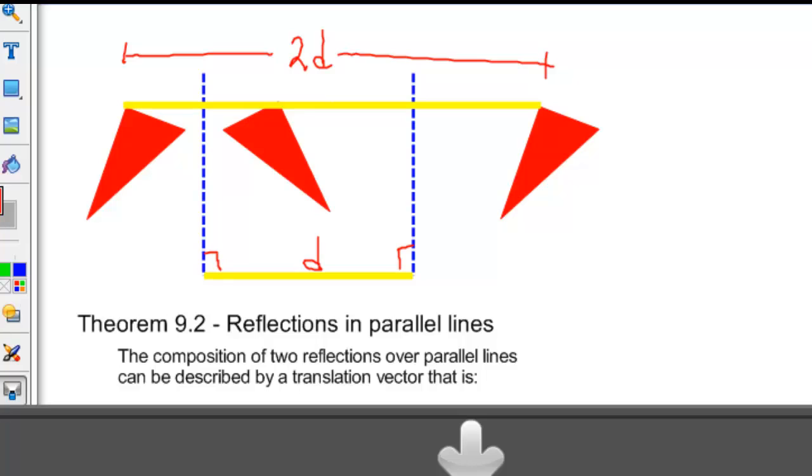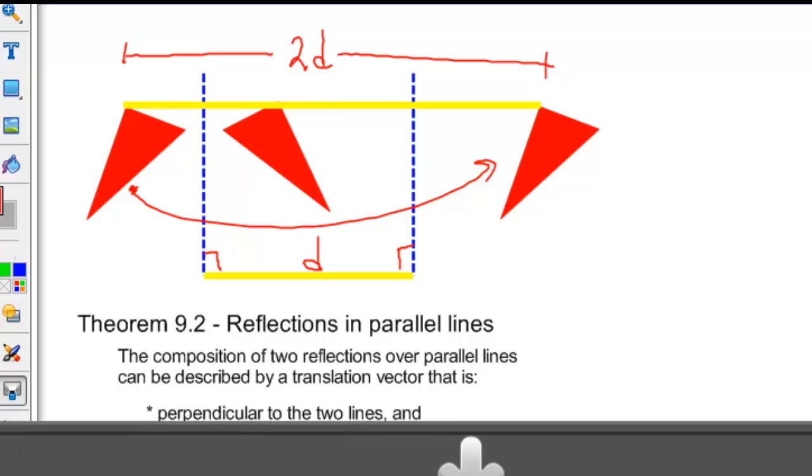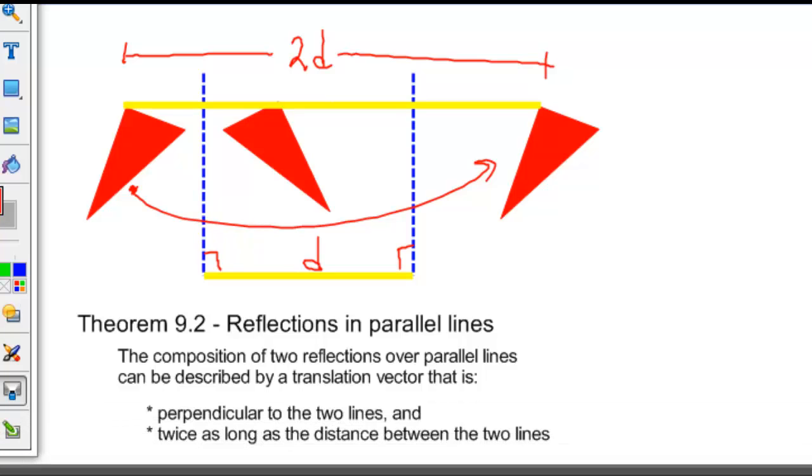If we kind of cut out the middleman and went right from here to there, you could say that the vector describing the translation is perpendicular to the two parallel lines and also twice as long as the distance between the two parallel lines.